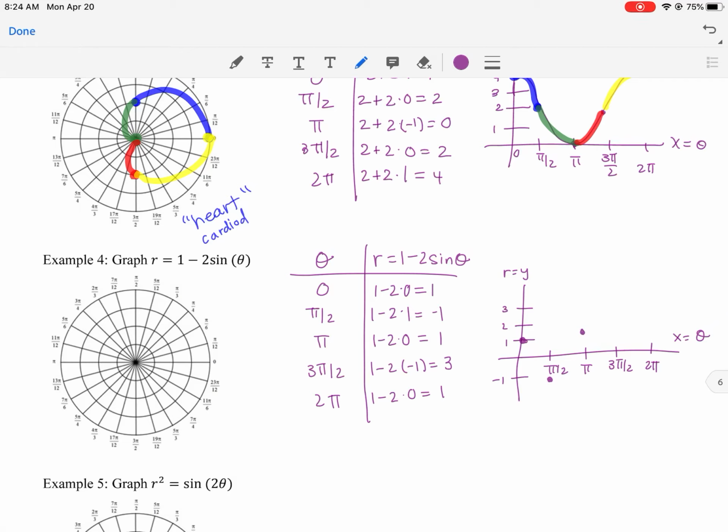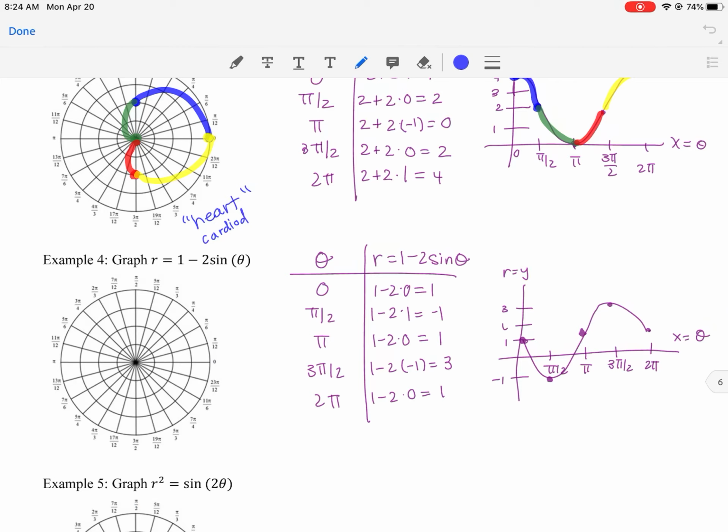We go down to negative 1. We're back to 1. We're up to 3, and we're back to 1. Notice that kind of looks like sine. We did shift it. It's shifted up 1, and it's also reflected because it's negative sine now. Okay, let's now think about plotting those points.